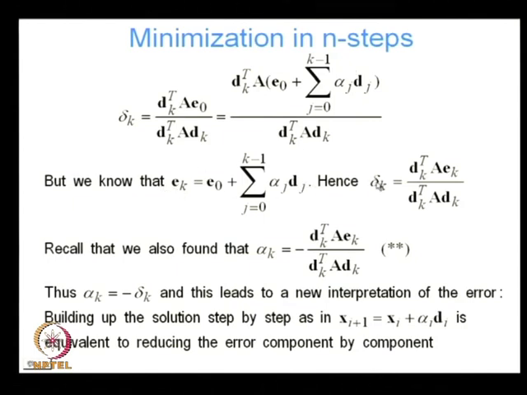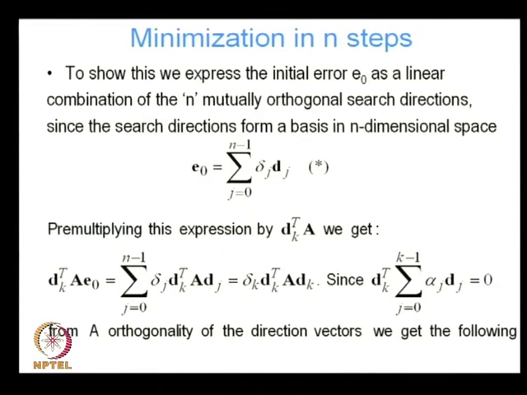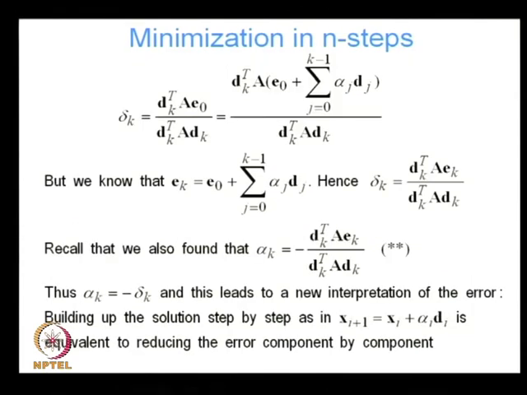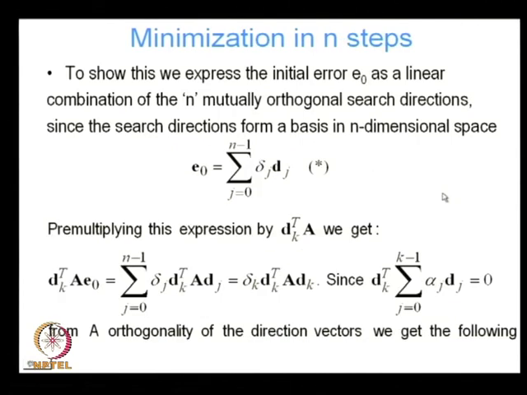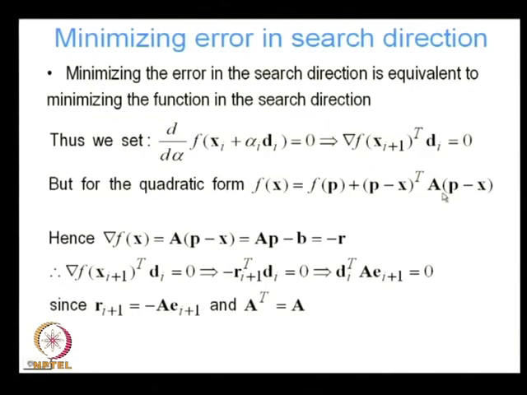So, what we are saying is that delta k is equal to dk transpose A ek divided by dk transpose A dk. Compare this expression for delta k. Recall what is delta k? Delta k is nothing but the coefficients of the dj's in my original error vector, so E0 is equal to the sum over j equal to 0 to n minus 1 of delta j dj. How does this compare with my expression for my alpha k's, which I obtained earlier?